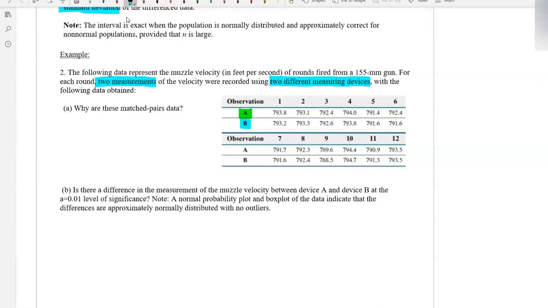The first row is for A, and the second row is B. Starting with observation 1 to 12, this means our sample size is 12. So starting from this point up to this point, n is 12.